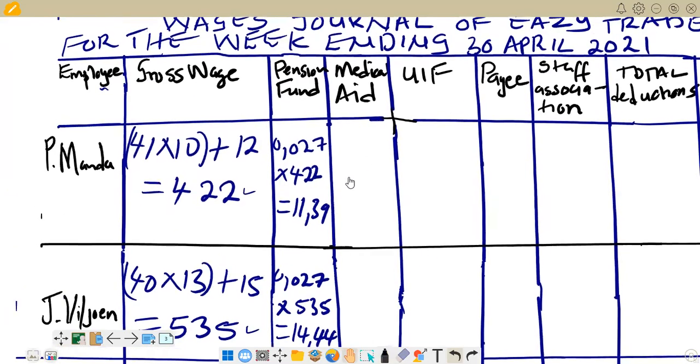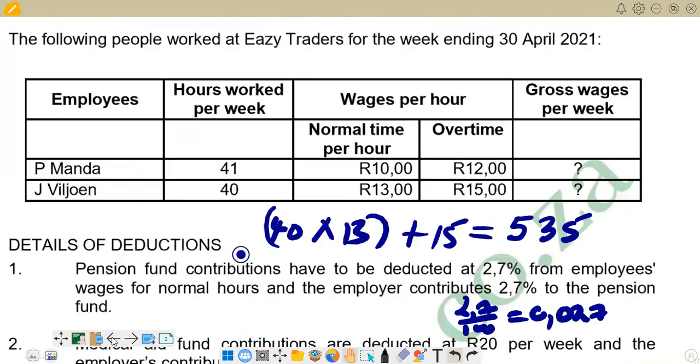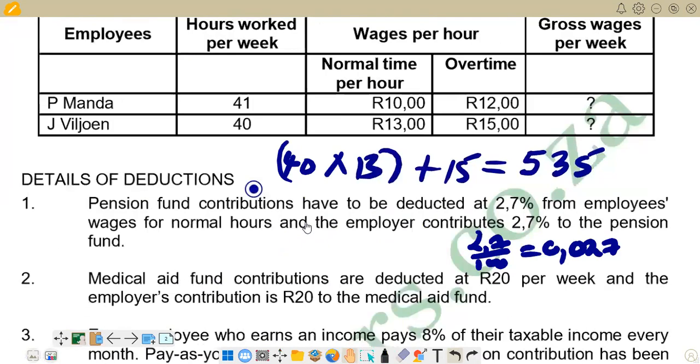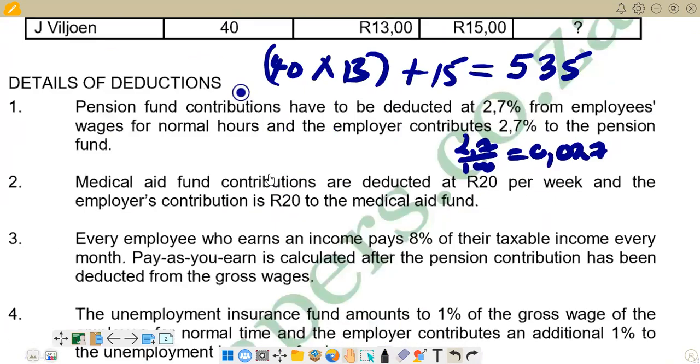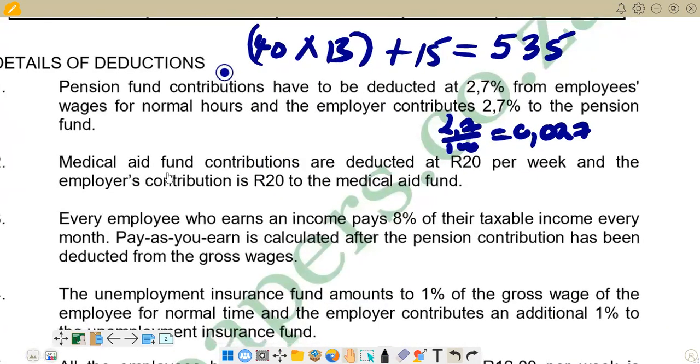We have now medical aid. So we go and check the information that we have explaining about the medical aid. So you see that medical aid is on item 2. And the explanation is that medical aid fund contributions are deducted 20 rand per week, and the employer's contribution is 20 rand to the medical aid fund. So we are on the table of employee.